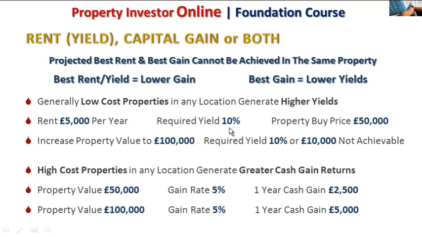So he has worked out that he needs to receive a 10% return, but the local market rent is £5,000 a year. He will not pay more than £50,000 for that property.